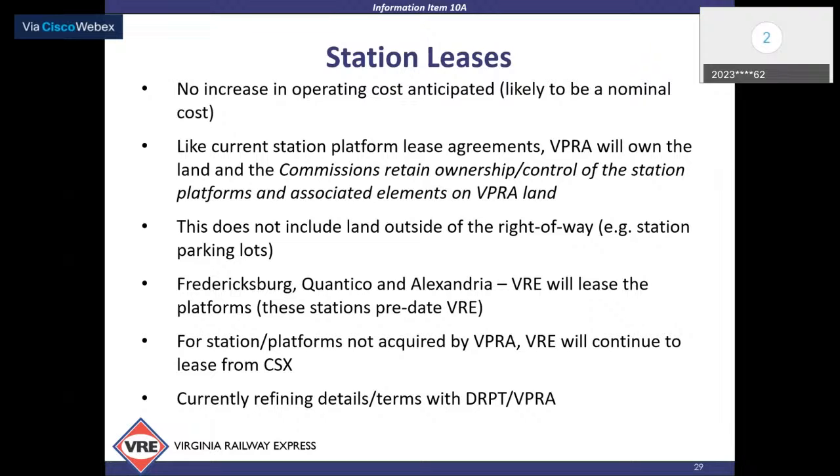One of the elements of the current station lease piece of this agreement is really getting down into the legal definition of ownership, control, et cetera. And I'm going to show you something here while we want to make sure we get all of this right. But again, it's similar, it's the same, if you will, to our CSX and Norfolk Southern lease agreements with some differences.